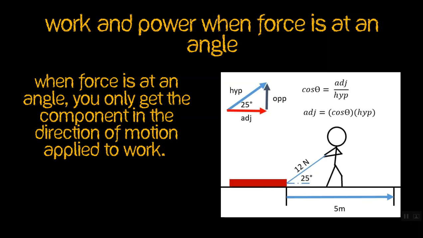It's only the force that he's applying horizontally. So we use trigonometry to calculate his horizontal component. In this case, it would be 12 cos 25, and we would multiply that by his distance.